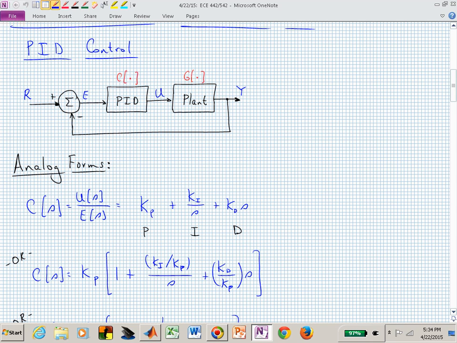The integrator is using past error information, isn't it? And we're integrating that up, and that allows us to improve our steady state accuracy. So we're using previous information from our error signal to produce a better steady state accuracy.